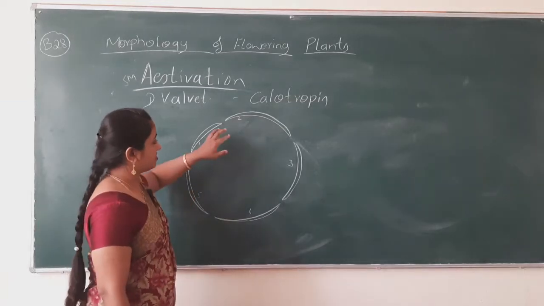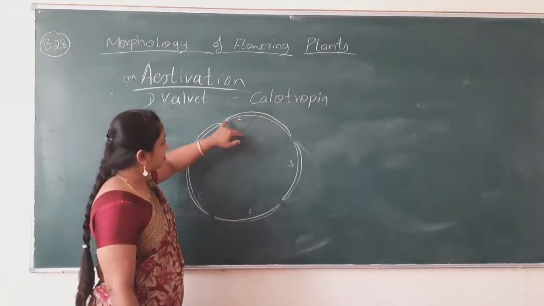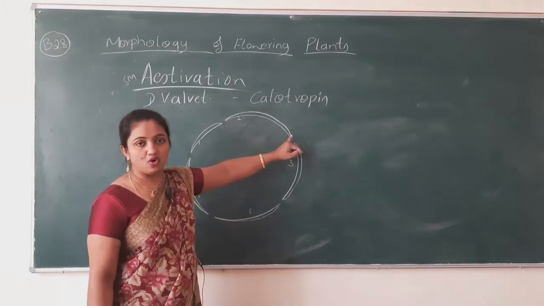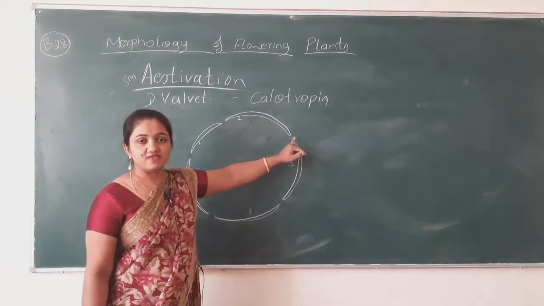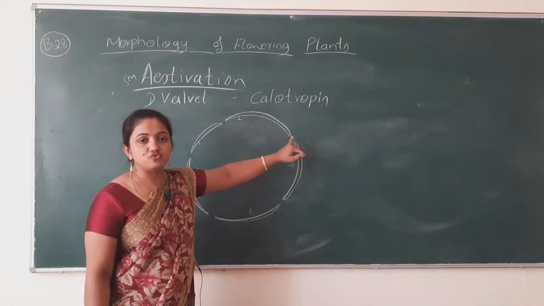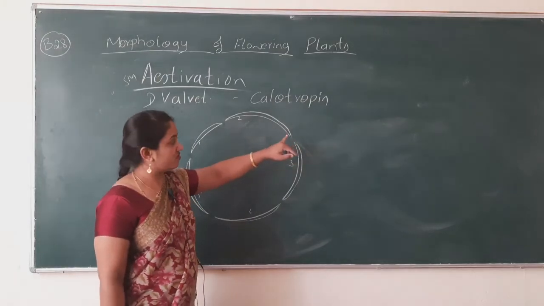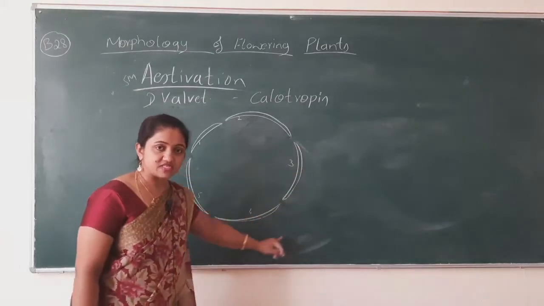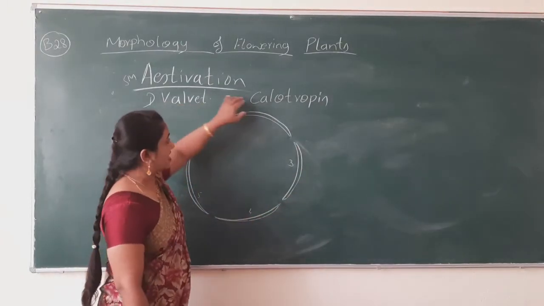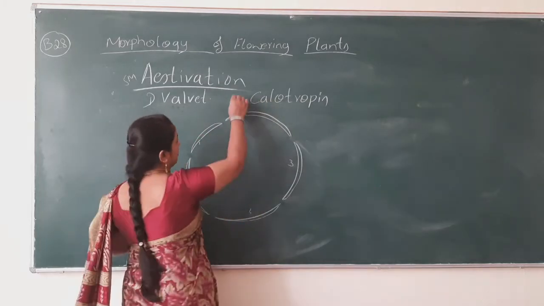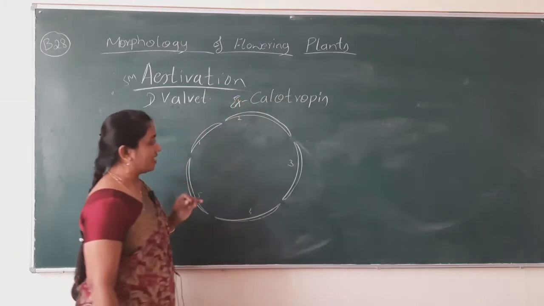Let me tell you the definition now. The margins of sepal or petal touch one another. They do not overlap with one another. This mode of arrangement is known as valvate estivation. Example is Calotropis.